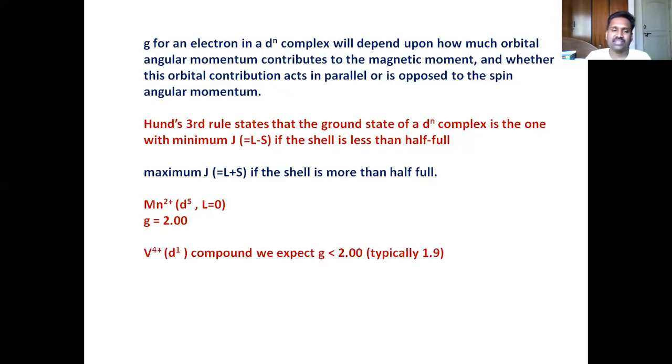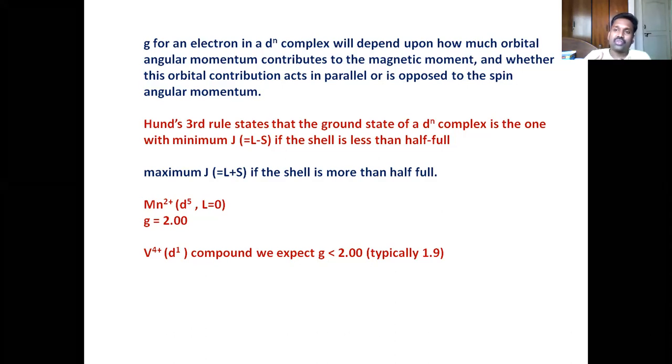Take a D1 complex, vanadium 4+. D1 means less than half filled, so the ground state is the one with minimum J, which means minimum coupling of orbital angular momentum. Therefore, the G value is reduced.